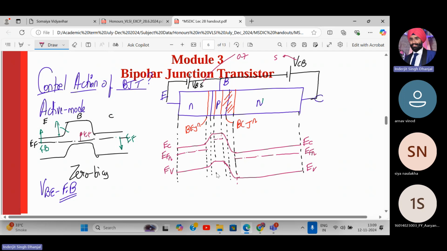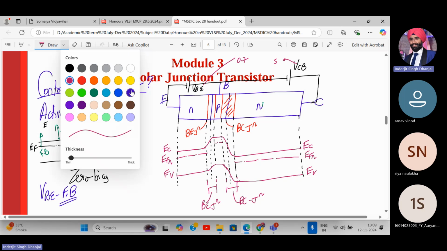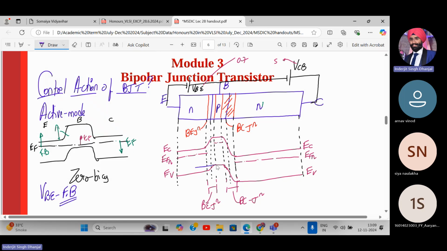So what has happened over here? There are two depletion regions. This one is the base-emitter junction. This is the base-collector junction. So what is this height given by now? Earlier it was Q into VBI.